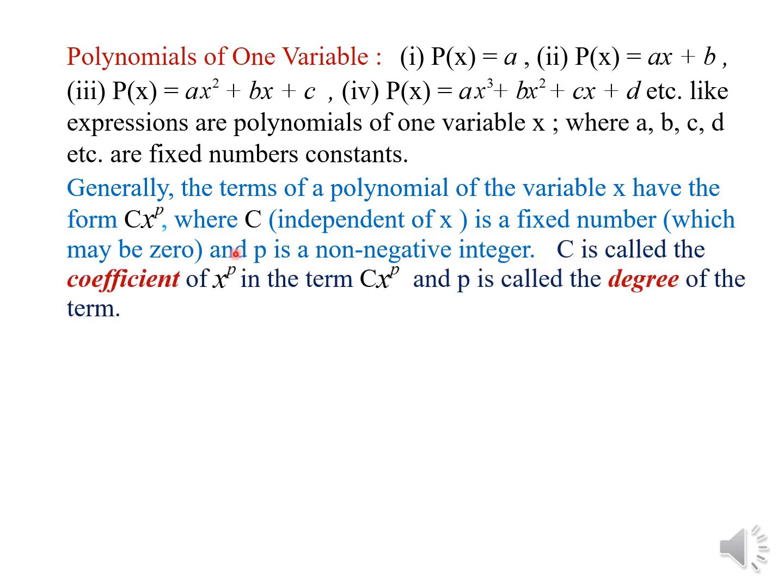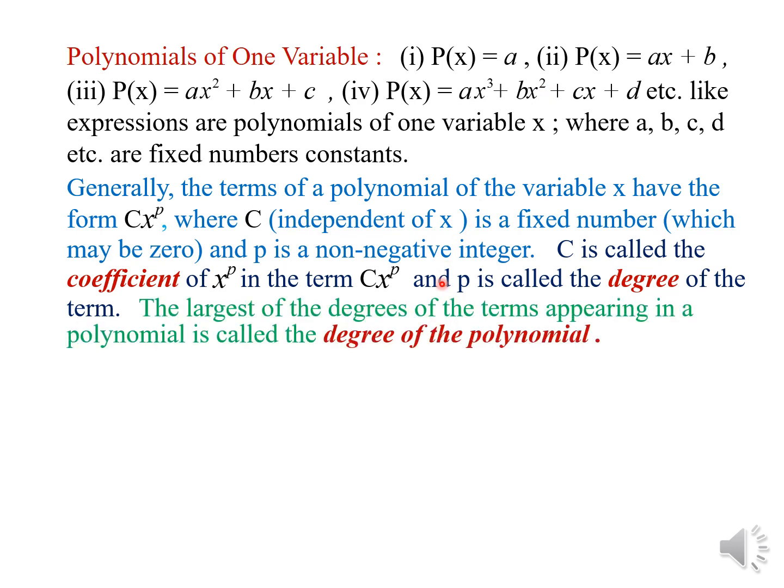Now c is called the coefficient of x to the power p in the term c times x to the power p, and p is called the degree of the term. As an example, take the term b x square. Here the constant is b, and the degree of this term is 2.